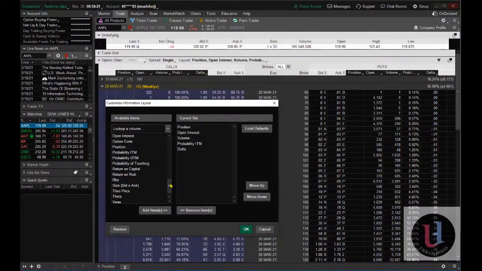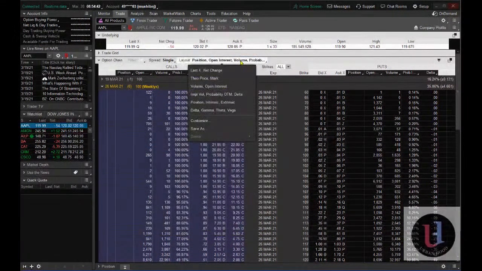Or there are other things, like theta and probability of touching. That's a good one to keep an eye on. Also return on risk, net change, and so on. Any of those columns that you want to add on the left side or right side, you can add from this menu. That's what I did: the layout, customize.